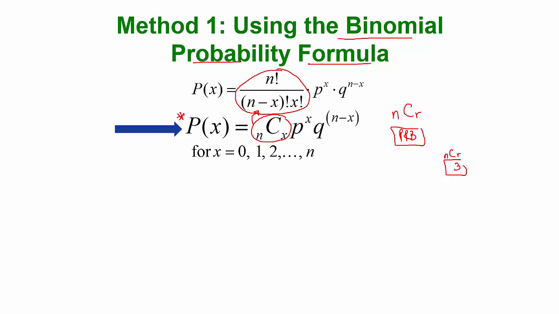So the probability of getting x successes is calculated where we do n, which is the total trials, C x, so it's a combination, n total trials combination x successes at a time. p is the probability of a success, and we raise that to the power of x, and we multiply by q, which is the probability of a failure, and it's the opposite of p. We raise that to the power where we subtract the x from n.